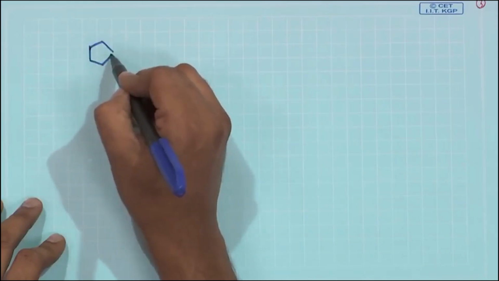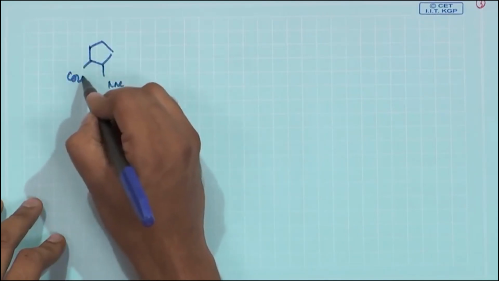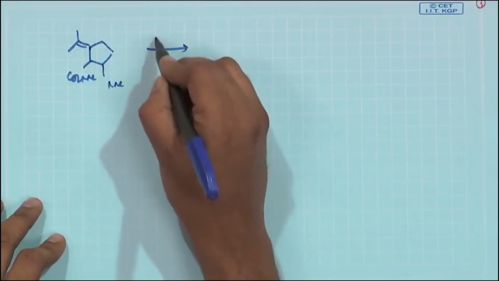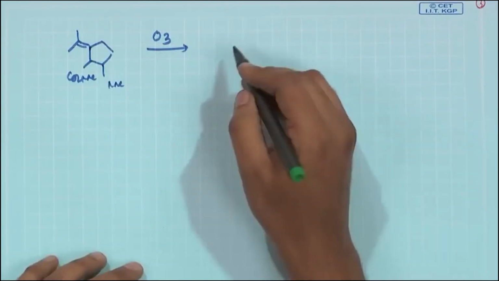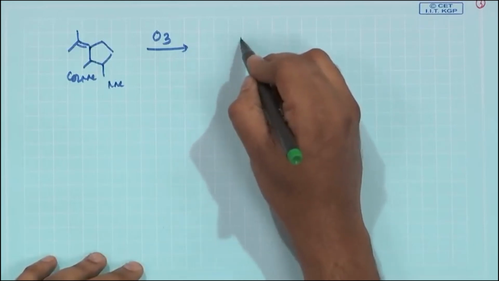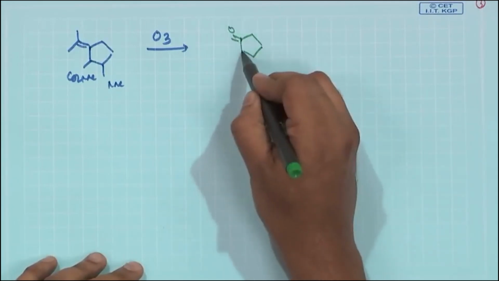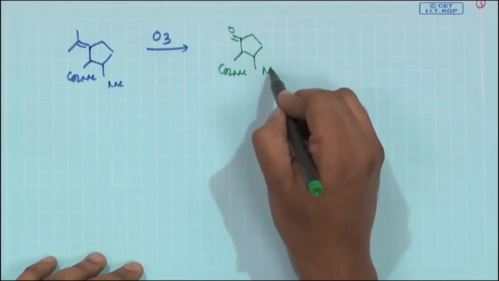So, now what you do, you simply take this intermediate as we have drawn in the earlier slide. CO2Me is here, you put this. Now, do a simple ozonolysis. A simple ozonolysis will give you the cleavage of this double bond, and you will be generating the beta keto ester.